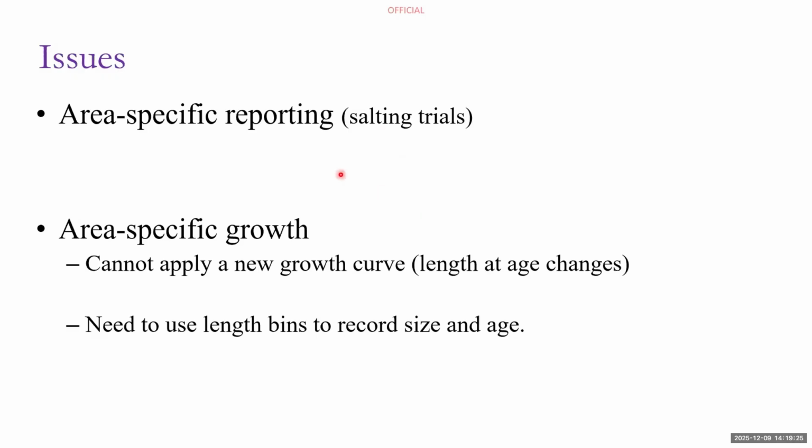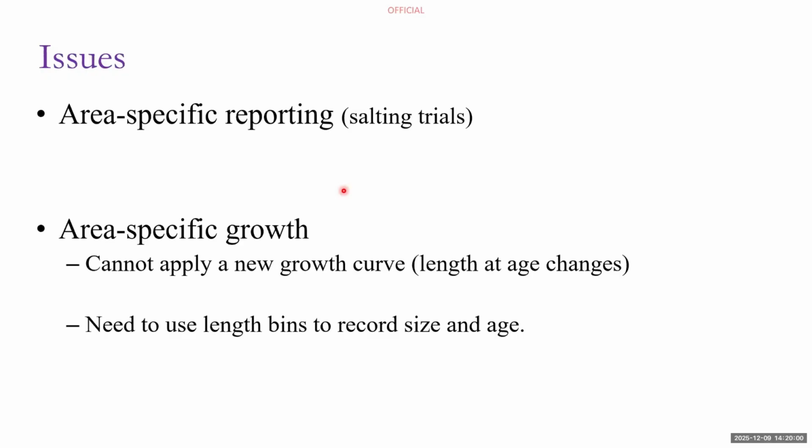The other difficulty I mentioned before is the unknown age of tags. That's an issue we've got in the current modelling. But another issue that we've come up against, and one reason why we stick with these length-based models that use size transition matrices to grow the lobsters, is that I started the presentation off by showing how much the biology varies throughout the fishery.